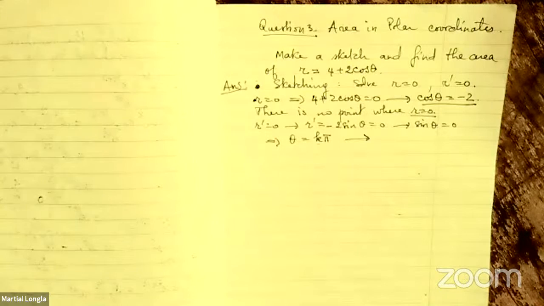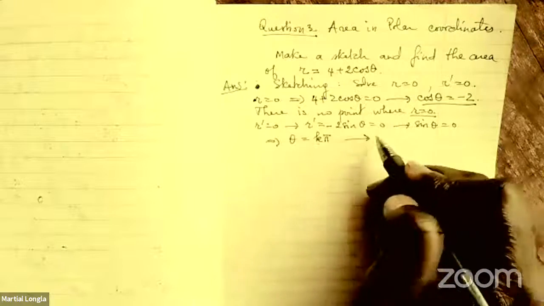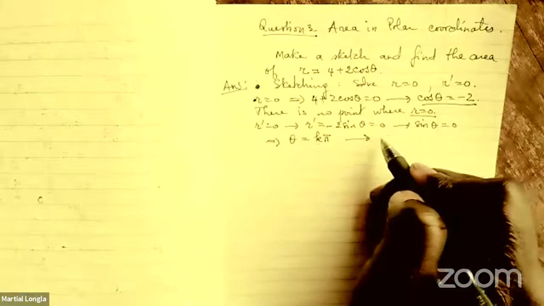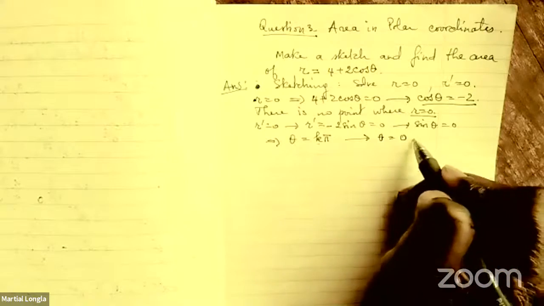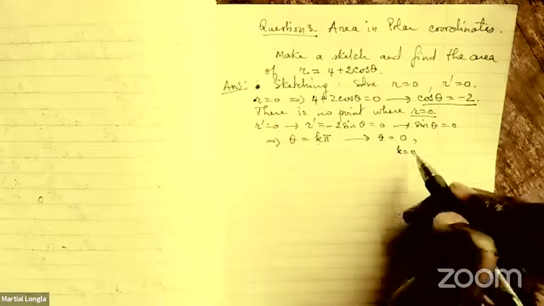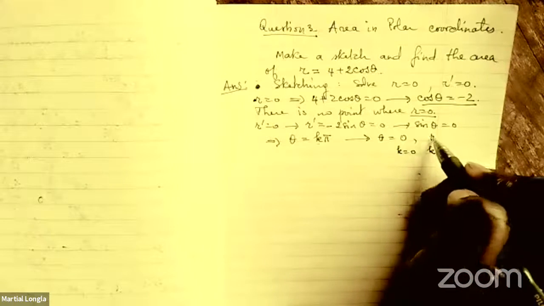And now you plug in the values of k to see how many times you're going to get that zero sign. The first one, k equals 0, of course, gives theta equals 0. If you plug in k equals 1, you get pi.